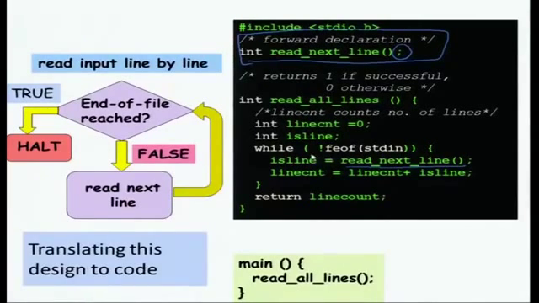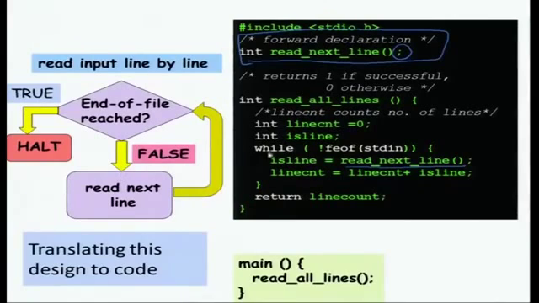While the end of file has not been encountered, you say that read next line. Read next line will return a 1 if a line has been encountered, otherwise it will return a 0. Okay. So, line count will be incremented by 1 if I read another line, otherwise it will remain as it is. Finally, you return the number of lines read.